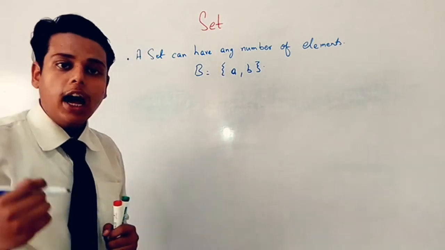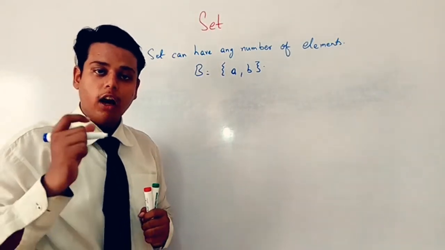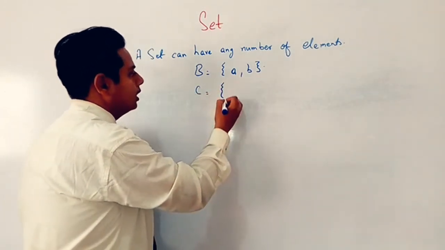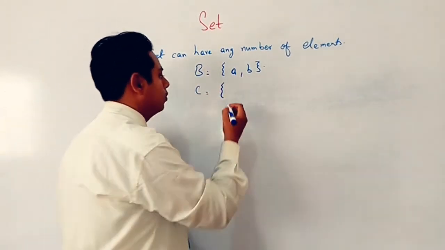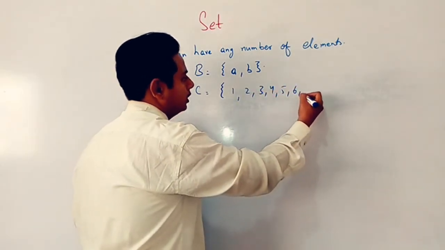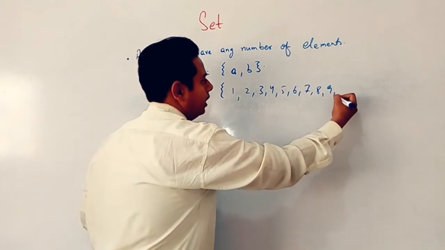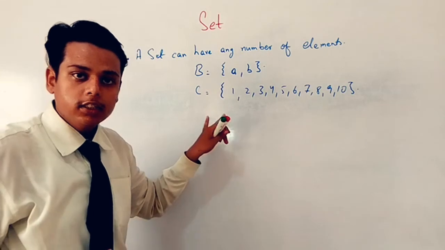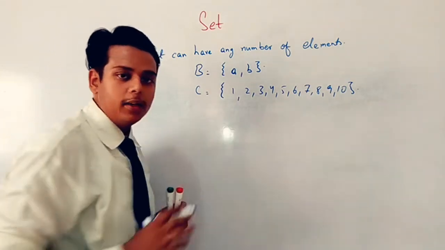Let's suppose a set having counting 1 to 10: 1, 2, 3, 4, 5, 6, 7, 8, 9 and 10. So how many elements is this one having? This one is having 10 elements.